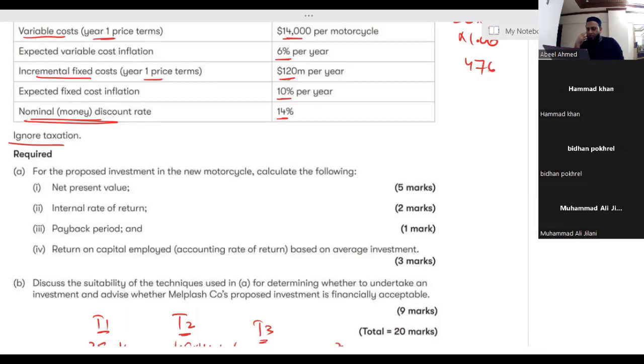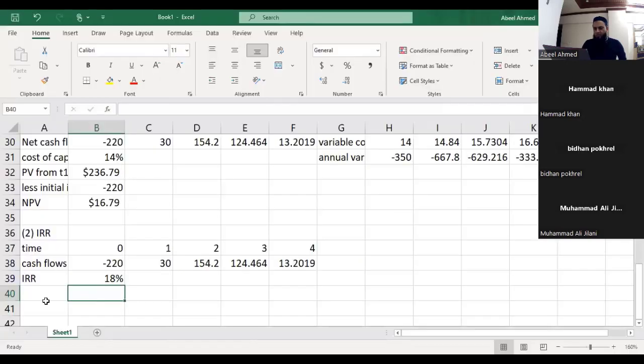Yeah, you will get the same answer. Yes, you can do that. You will get the same result. So let's go for payback. If nothing is mentioned, it will always be a simple payback, okay?